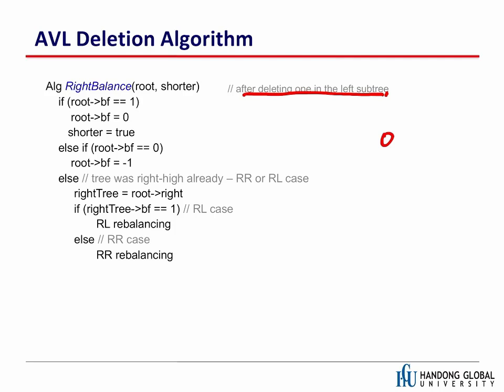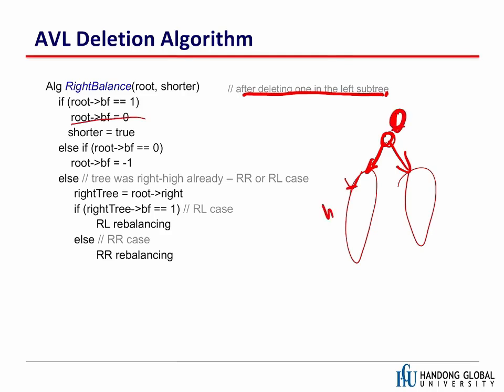Okay, and this one is pointing to the left subtree and right subtree, and we deleted one node from this left subtree. Then if the BF of this root was 1 before deleting, then after deleting one node from the left subtree, the BF of this root node should be 0.